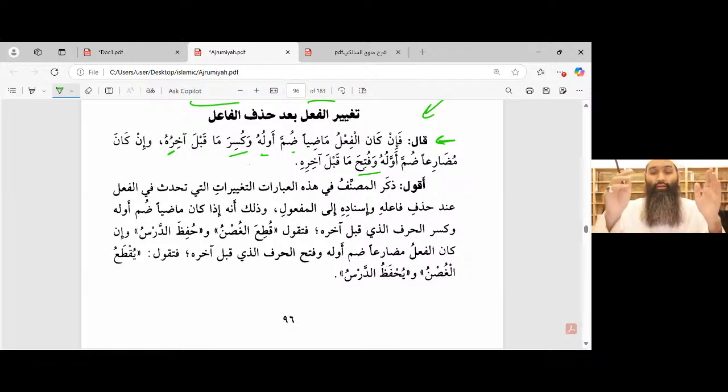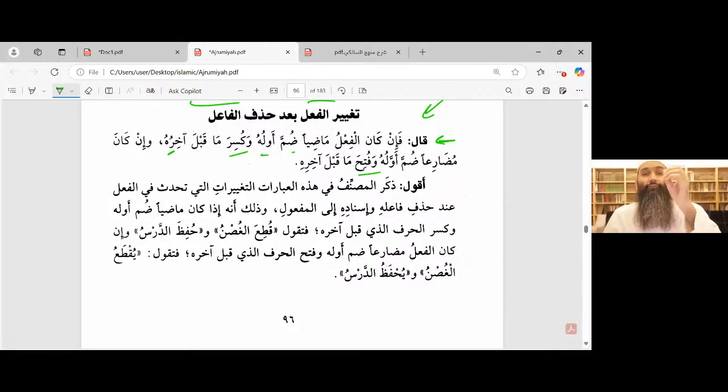So whether it's madi or mudari', and you're looking at the fi'l, remember we're talking about the fi'l for what? The fi'l for na'ibul fa'il, not the fi'l for fa'il.